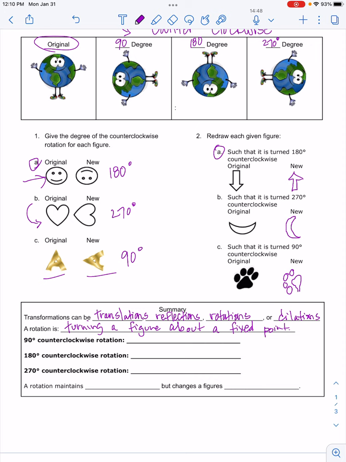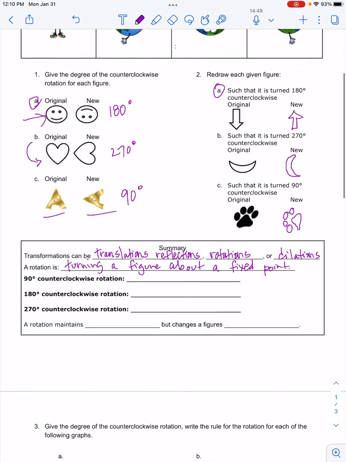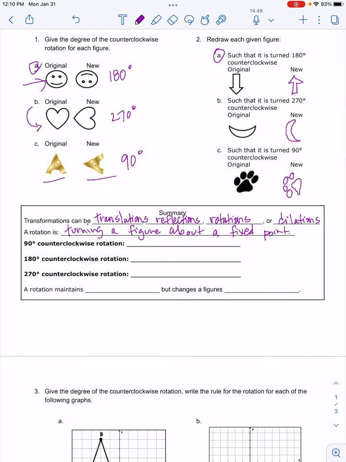The rules of rotations will start off looking a little bit ominous, but I'm going to teach you a trick to remember them. So the rule for a 90-degree counterclockwise rotation, remember to always start with the original rule, which is just (x, y), is going to be (-y, x), and I'll explain what that means shortly.